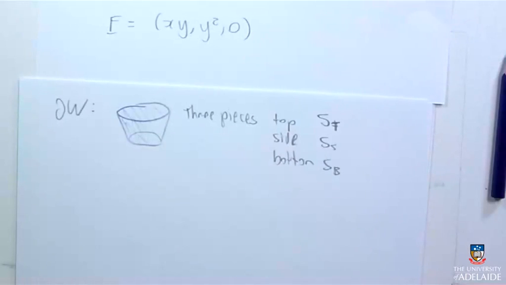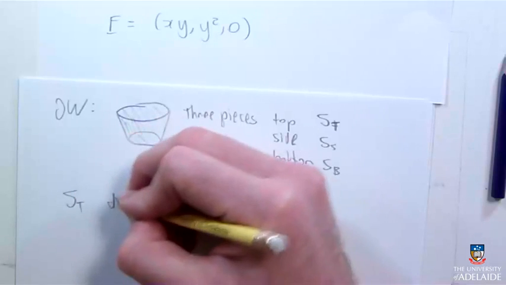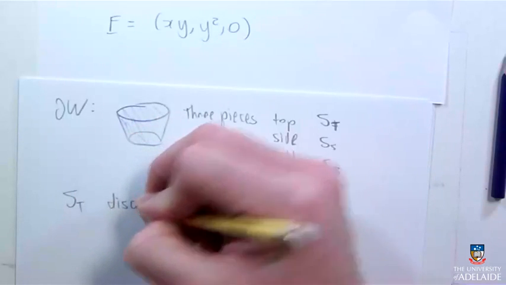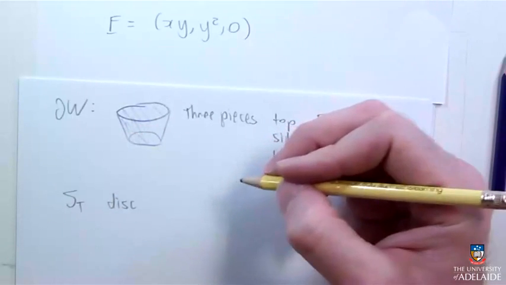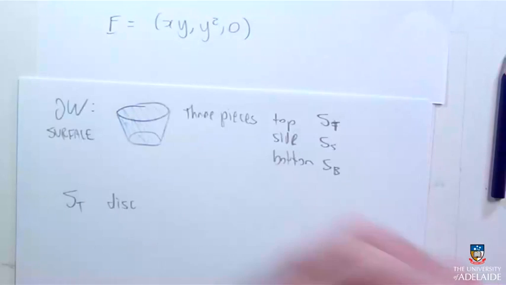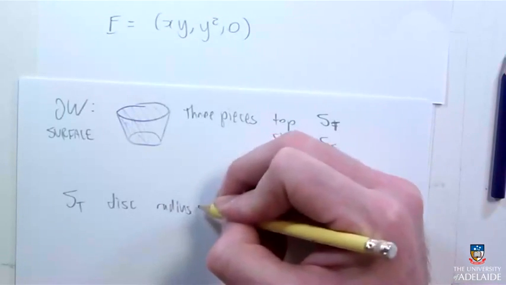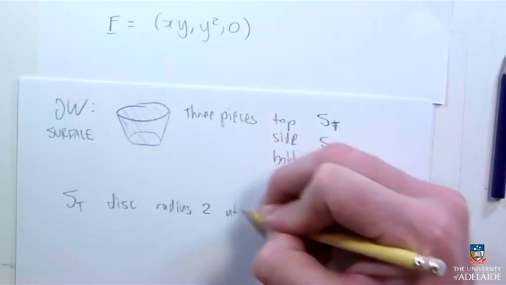Okay, so the top is a circle. Top is the inside of a circle, and the official name of that is a disk. So ST, disk. Okay, and it's a disk of radius 2 at height 2.